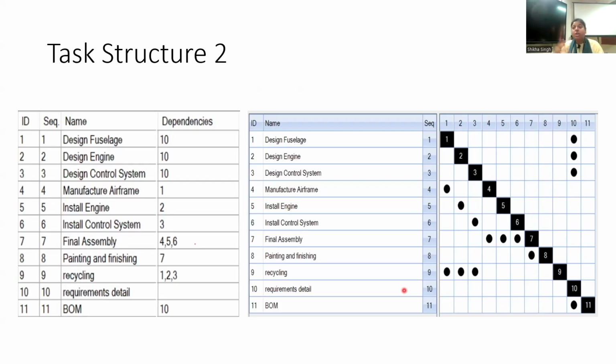It's an electrical subsystem of an aircraft system, right? Instead of hundreds, it should reach thousands, right? So now imagine when there are 1,000 components in the list. Here it is very easy to do. You can immediately find out that one is dependent on 10, so put the one after 10.